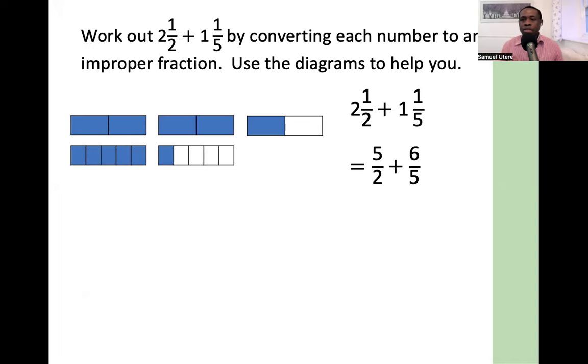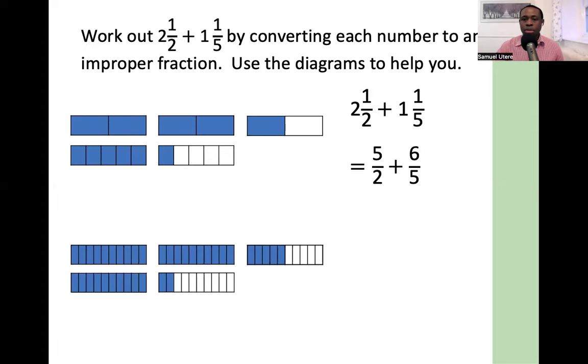Here is how you would do it. It's by converting the mixed number into a top-heavy or improper fraction. After doing that, your next step would simply be to have common denominators. That is the same as splitting the shapes into all 10 equal parts, and then we'll know exactly what parts we're working with.